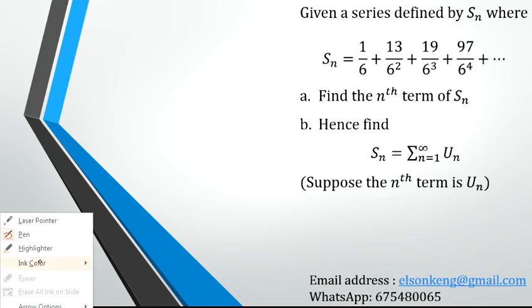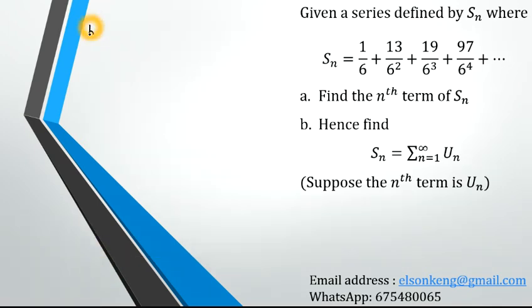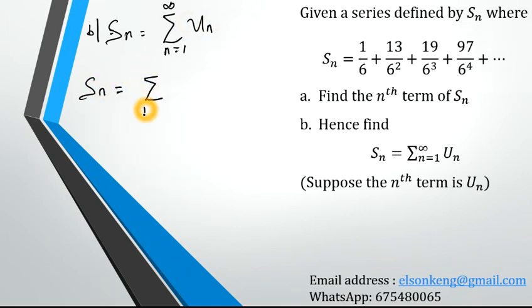Alright, moving to the next part of the question. The b part is asking us to find Sn, which is equal to the sum from n equals 1 to infinity of un. So Sn will be equal to the sum from n equals 1 to infinity, where un was 3 to the n plus negative 2 to the n, all divided by 6 to the n.